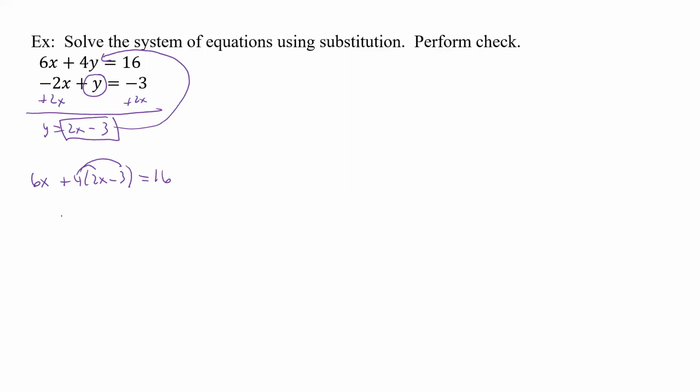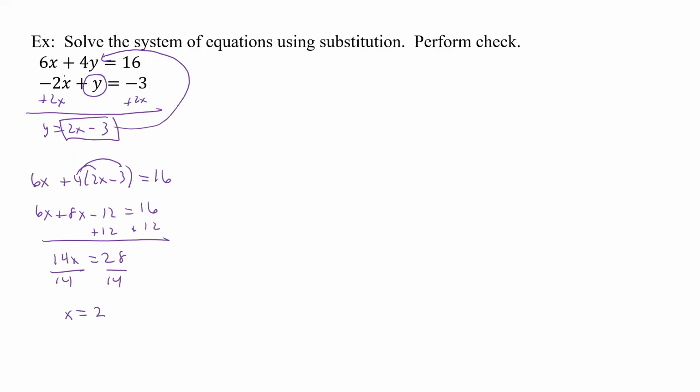Now I get to distribute: 6x plus 8x minus 12 equals 16. So I'll add 12. 6 plus 8 is going to give me 14x equals 28. Divide by 14, x equals 2.